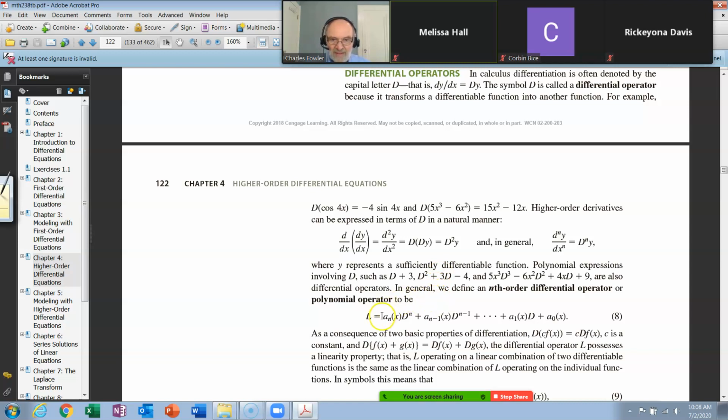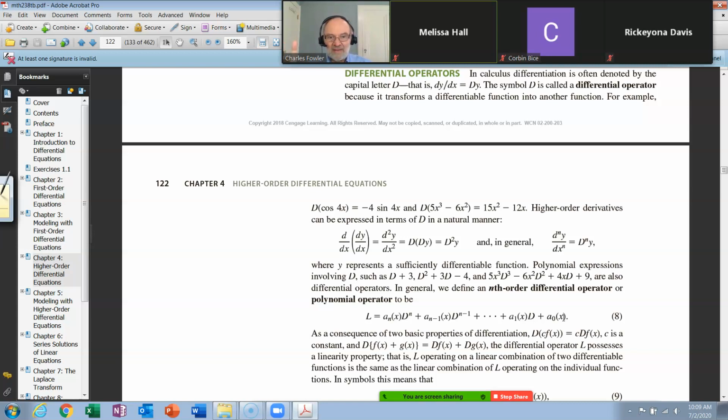The a sub n of x would be just like your 5x cubed here, times D to the nth, where n is your maximum derivative in this problem, plus a sub n minus 1 times D to the n minus 1, and so on all the way down to a sub 1 D plus a sub 0 of x. That whole operator operates on a y, because your y goes in here and here and here and there.